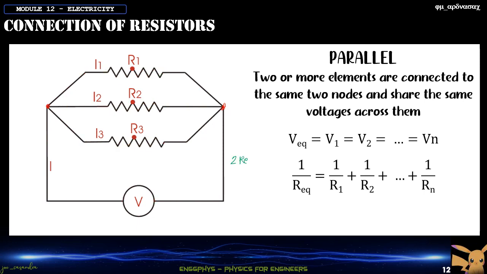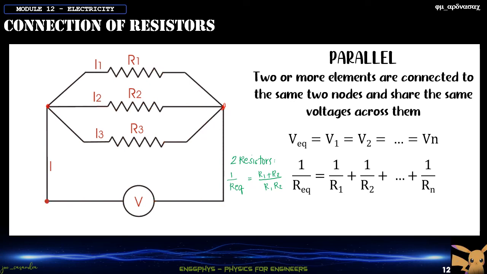In this manner, for circuits having two resistors lang, your equivalent resistance can be written as 1 over R total is equal to R1 plus R2 divided by R1 times R2.